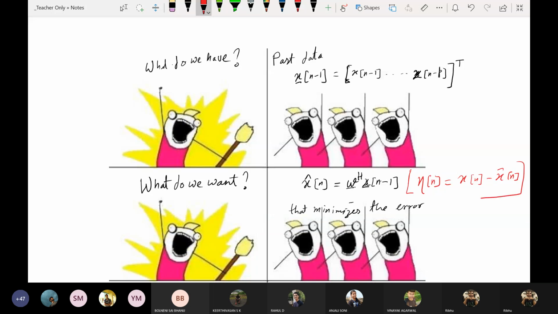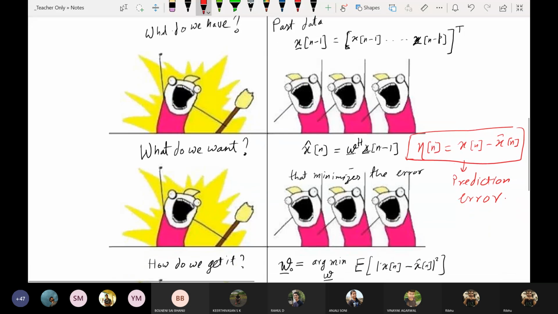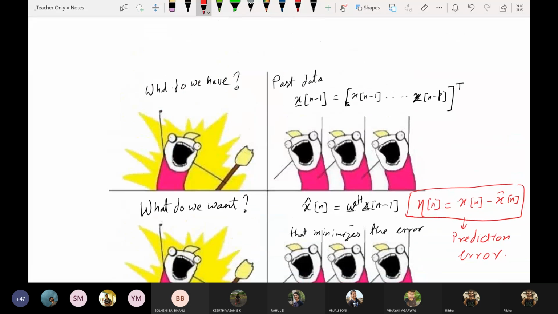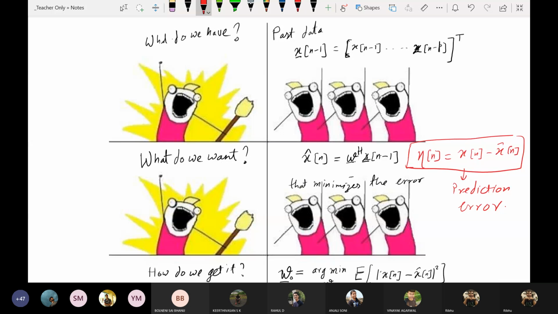So eta I can also call the prediction error. What do we want? X hat n that minimizes the error.